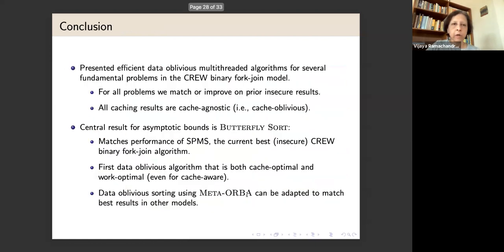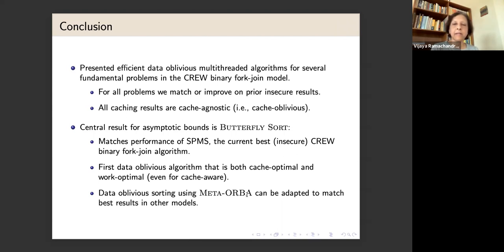So I will stop here and wrap up to observe that we have presented efficient data oblivious algorithms for many fundamental problems on the CREW binary fork join algorithm model, finally. And for all problems, we match or improve on the prior insecure results. And all caching results are cache agnostic.